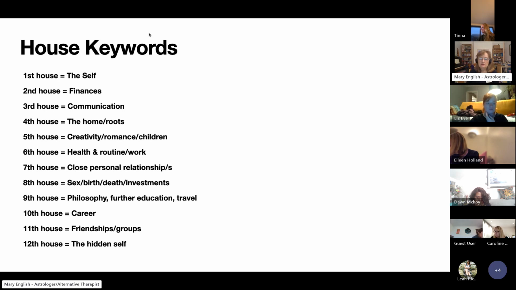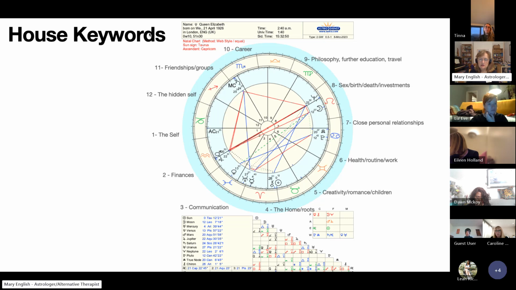So here we are. I've written in the Queen's chart the keywords for her houses. So there they go, round anti-clockwise for the houses number 1 to 12. And as you'll see, she's got planets in some houses and empty in others.